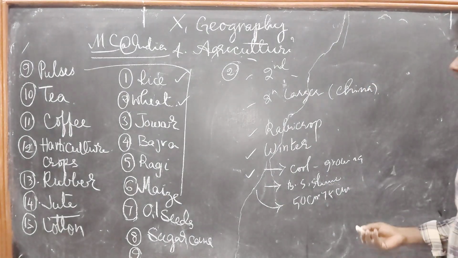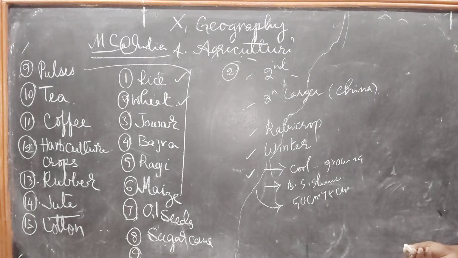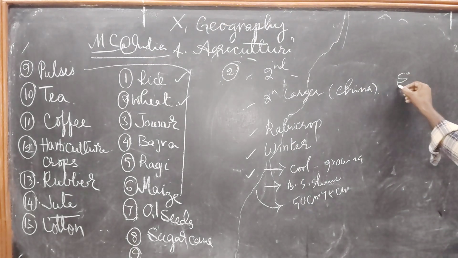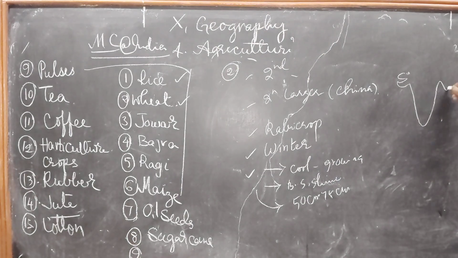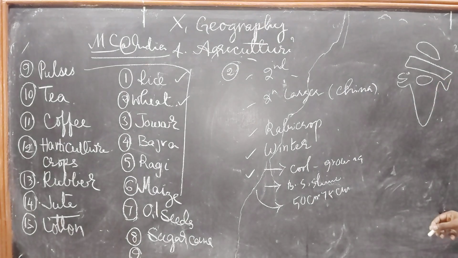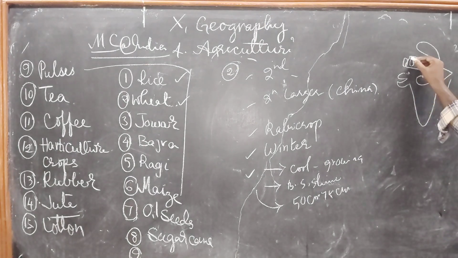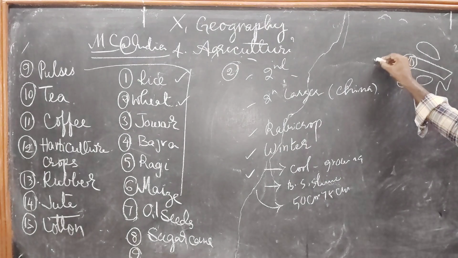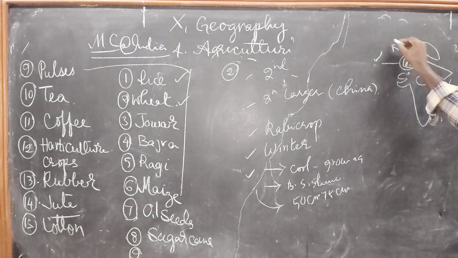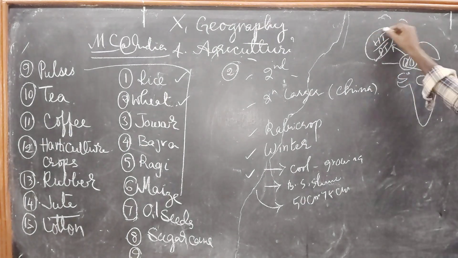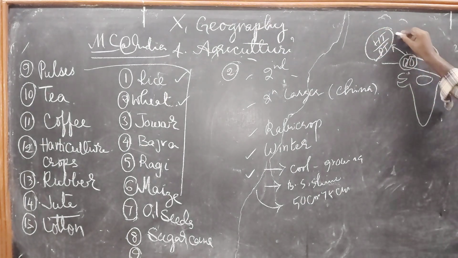And for the states which are cultivating more of this crop, there are three belts mainly in India for cultivation of wheat: the Indo-Gangetic Plain, second the Malwa Plateau region, and the Himalayan region. In the Indo-Gangetic Plain, Punjab and Haryana, the production of this crop is very high. Why? Because they are using high technology and packaged technology, so the yield is also very high.